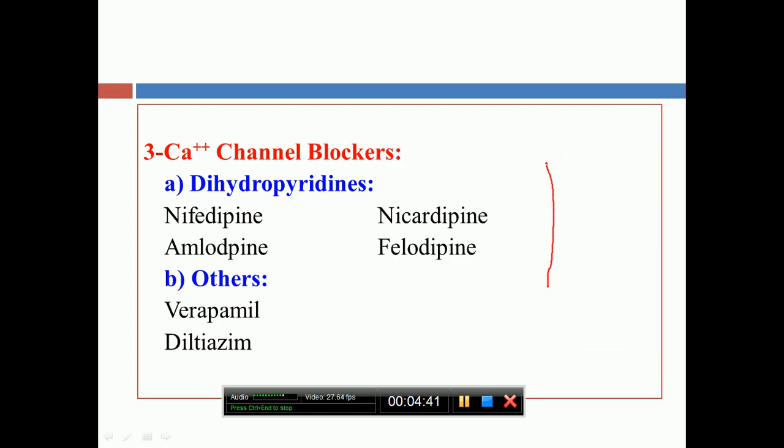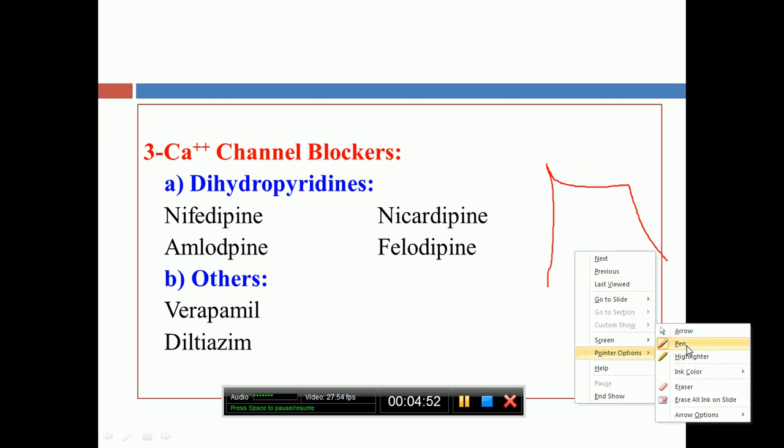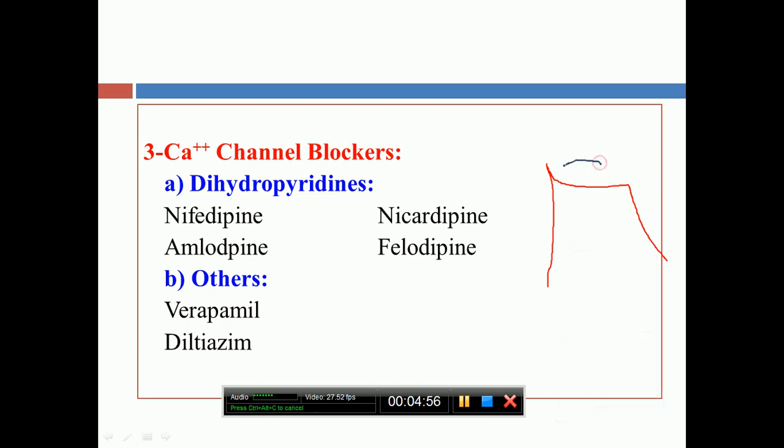If you see this, this is the plateau phase. This is due to entry of calcium within the cardiac myocytes or cardiac cells.